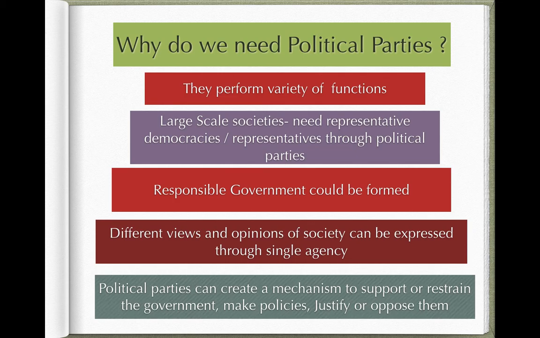It also creates a mechanism to make policies which guide the whole country, and to justify or oppose the different kinds of policies. So these are the various reasons why we need to have political parties.